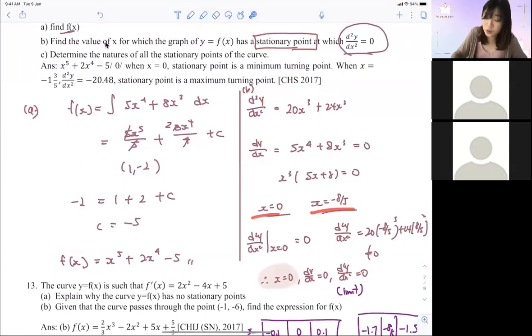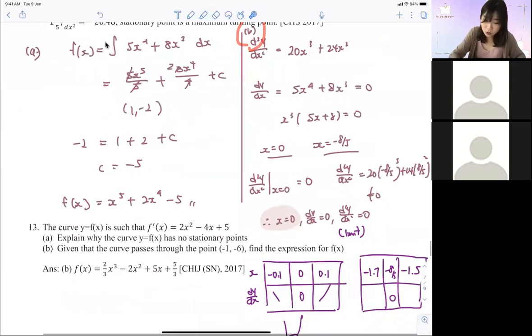You must see which, because these two are your stationary points, right? So now you see d²y/dx², when I substitute in this one, it is 0. So this is the answer you're looking for, x equals 0. Okay, this one when you substitute into d²y/dx² is not 0. So that is not the answer.